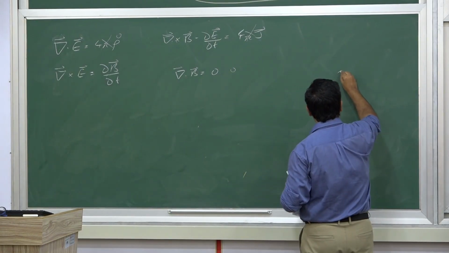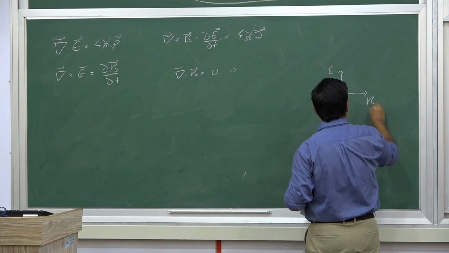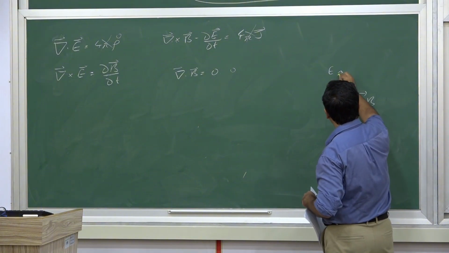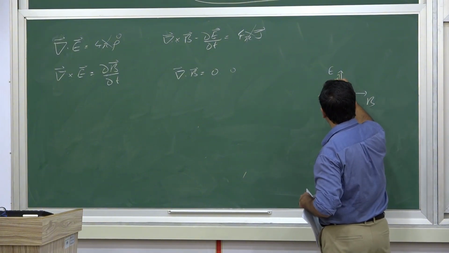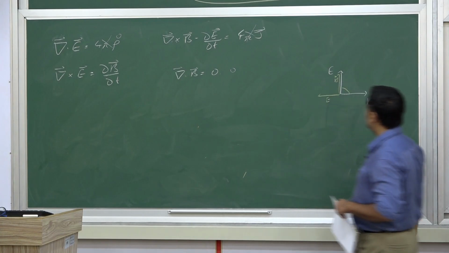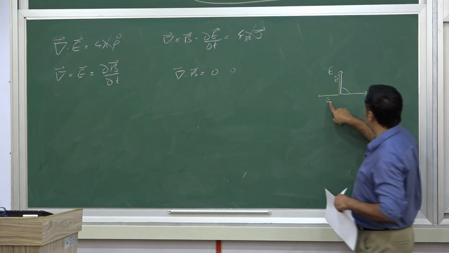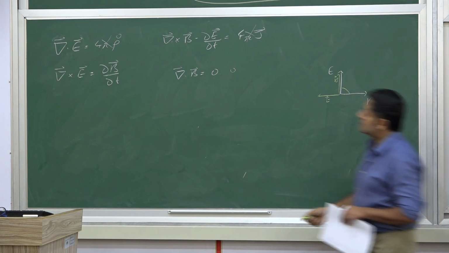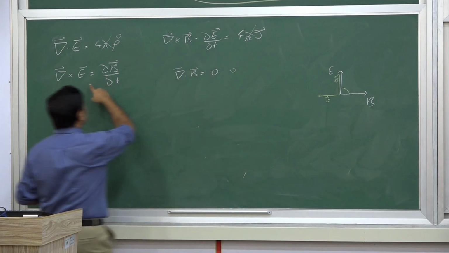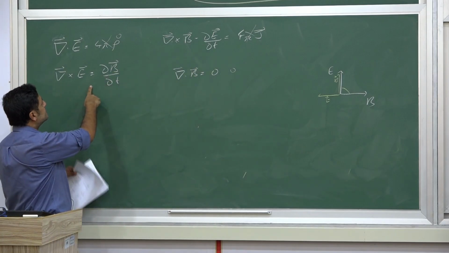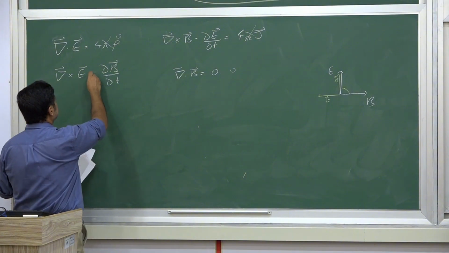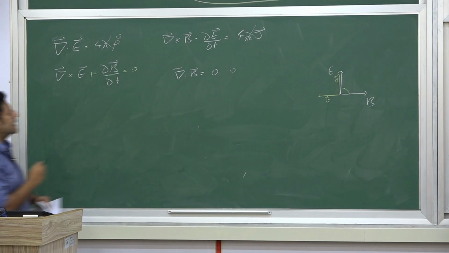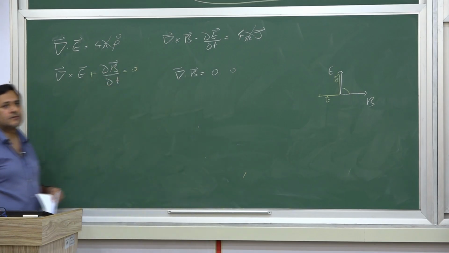Actually, if you rotate in the EB plane by 90 degrees, E becomes B and B becomes minus E. Then this equation goes to this, and that equation goes to that.